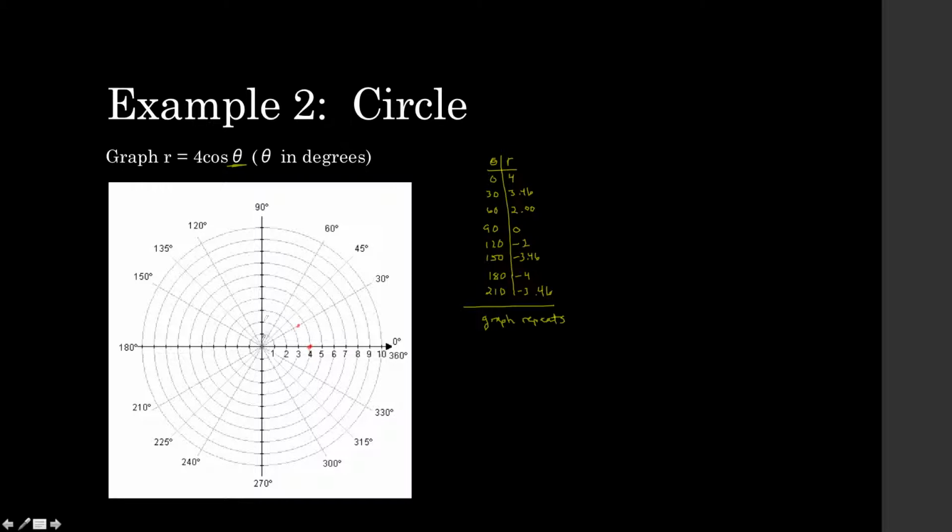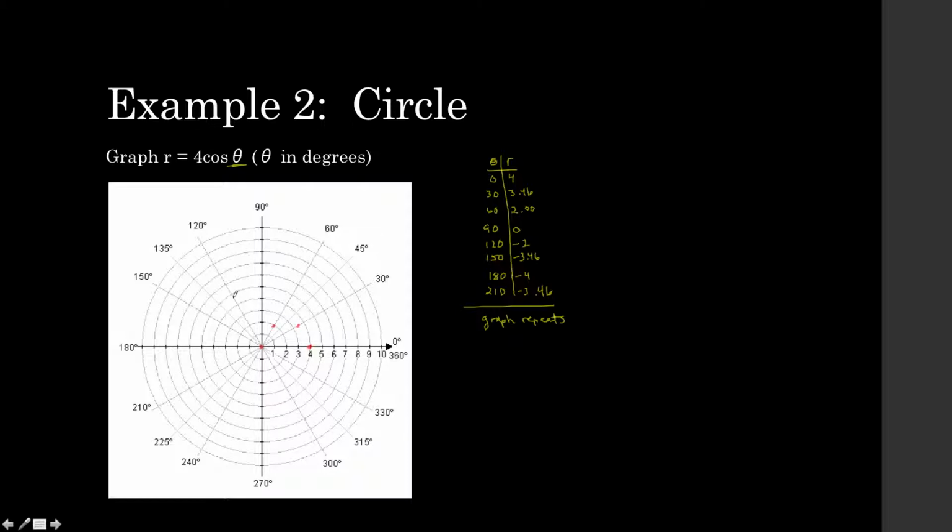60 degrees, 2. 60 degrees, 1, 2. We have 90 degrees, 0. Now notice we've made a semicircle now. Watch what's about to happen. 120, which is here, this is positive 120 up here. Or this is where the R is positive, right in here.